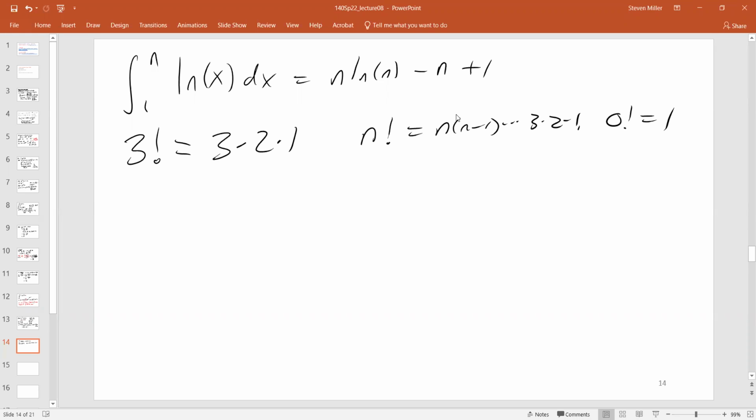So if I give you n factorial, and I want to understand how big n factorial is, it's going to be a huge number. Do we know any functions that take large numbers and make them reasonably sized? Log. Do we know any functions that convert products to sums? Log, right? It fits both bills.